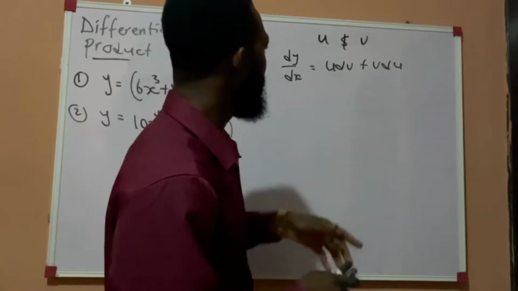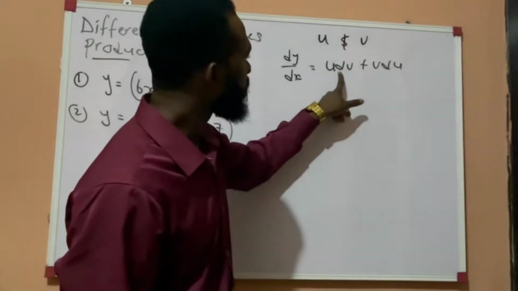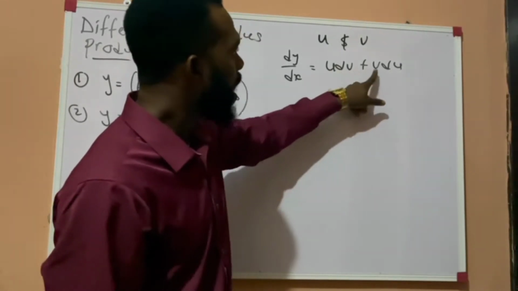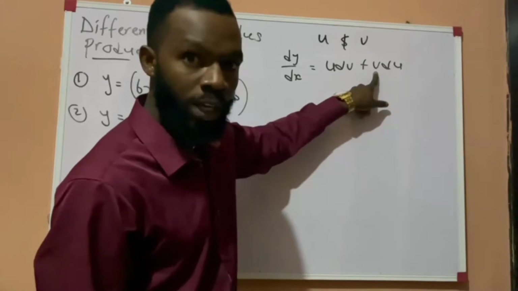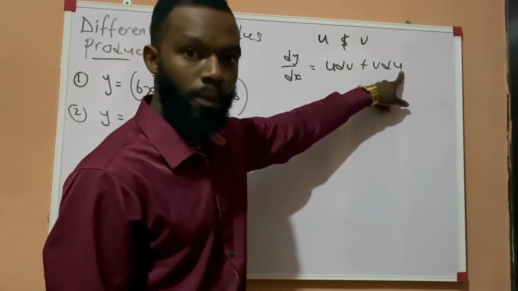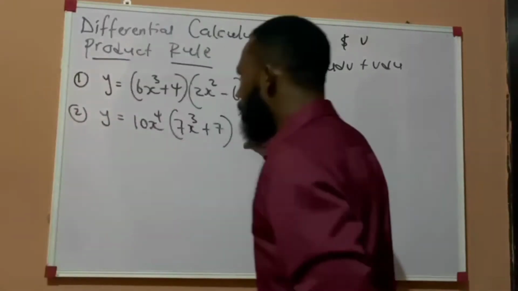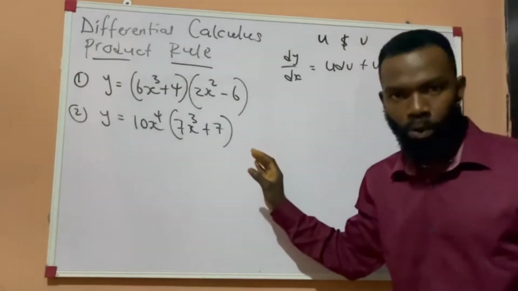Where u dv means hold u, differentiate v, and v du means hold v, differentiate u. We shall be using this formula in solving the two questions that we have on the board.